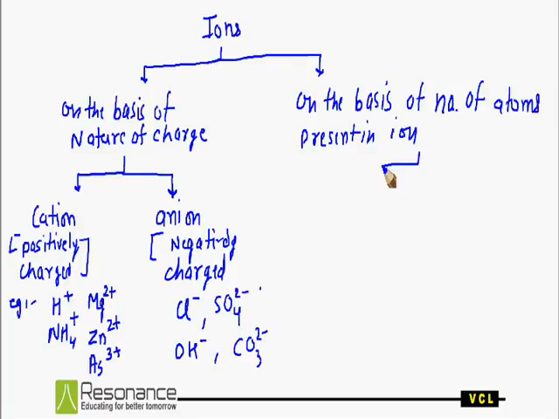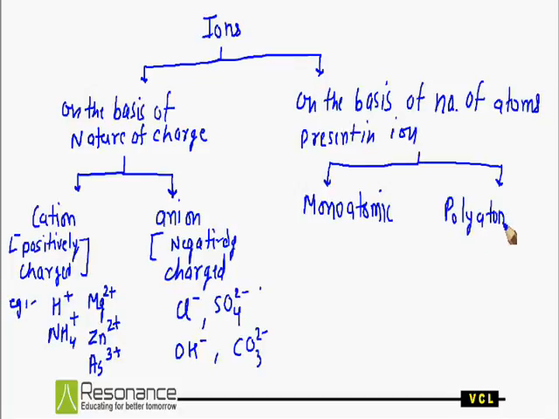Now we can classify ions on the basis of number of atoms present in the ion into two categories. The first one is monoatomic ions and second one is polyatomic ions.